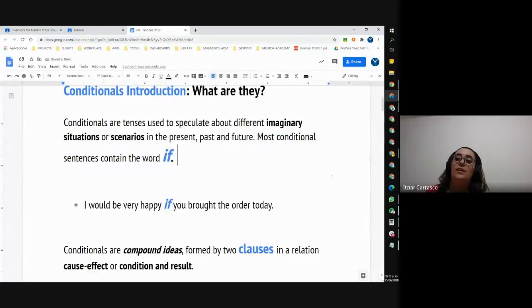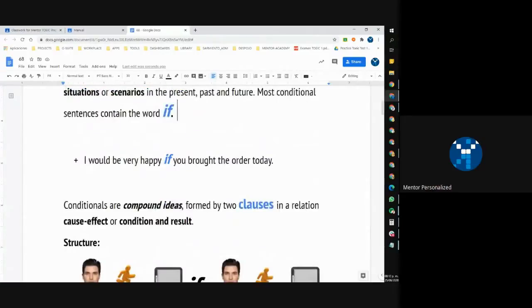Continue. Most conditional sentences contain the word if. For example, I will be very happy if you brought the order today. That's right.